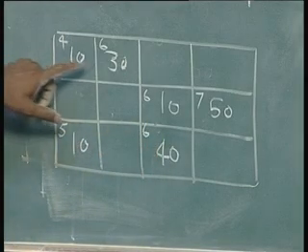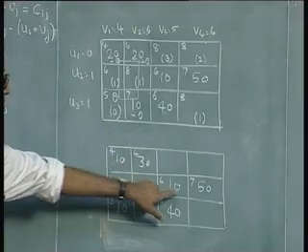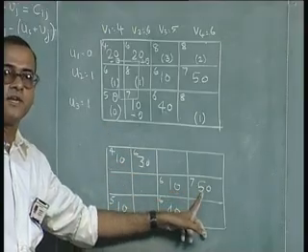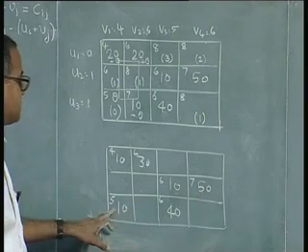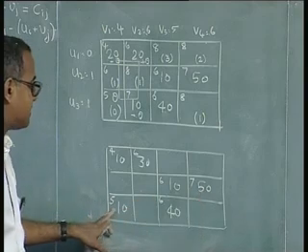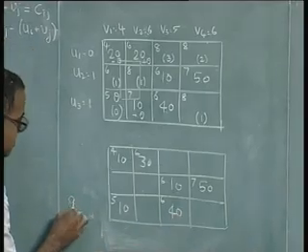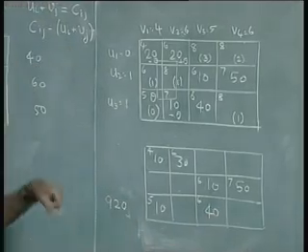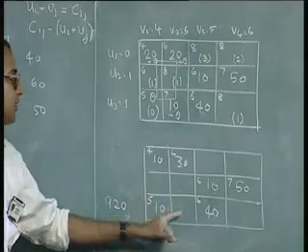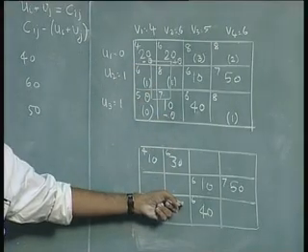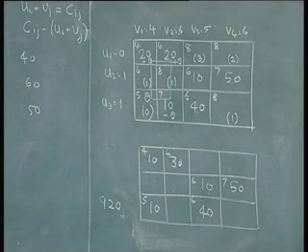So this is 40 plus 180 is 220, 220 plus 60 is 280, 280 plus 350 is 630, 630 plus 50 is 680, 680 plus 240 is 920. So once again the same value, because for the alternate optimum Cj minus Zj was 0 even though theta was 10. So the value is the same 920. This is how we solve the problem if we have a degenerate basic feasible solution.